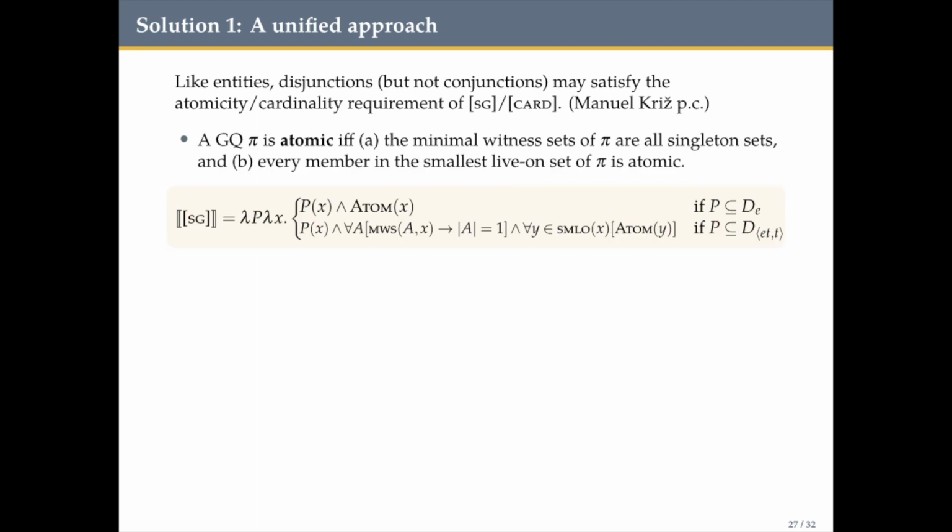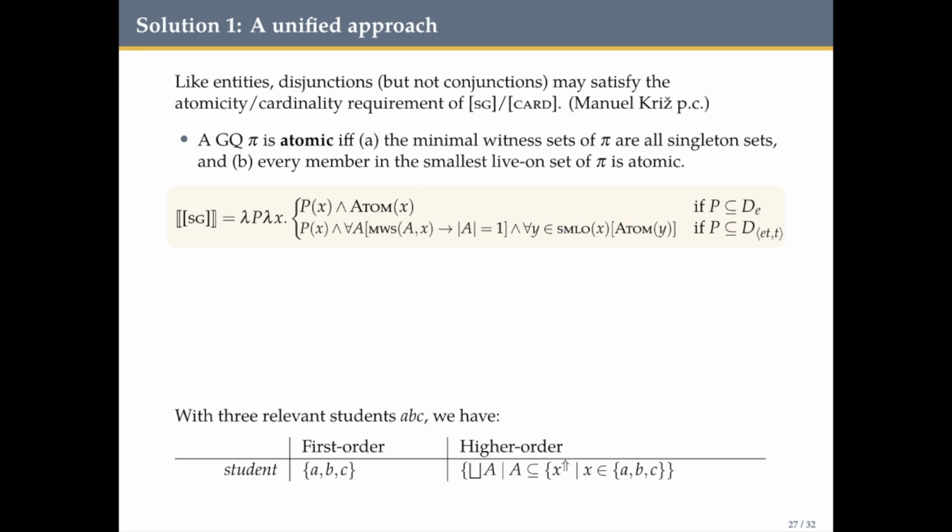A uniform approach considers the conjunction-like reading and the disjunction-only reading the very same reading. It says that, just like entities, disjunctions may satisfy the atomicity requirement or the cardinality requirement. A generalized quantifier pi is said to be atomic if it satisfies two requirements. A: the minimal witness sets of pi are all singleton sets. B: every member in the smallest relevant set of pi is atomic.